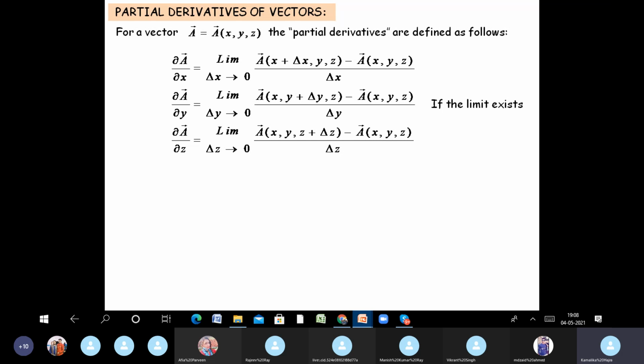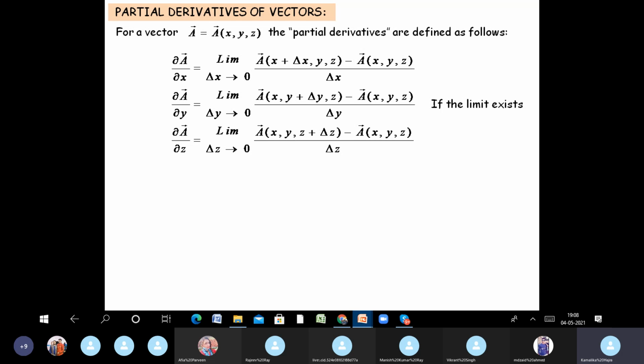When we are differentiating the vector A with respect to x only, keeping y and z constant. So although the vector A depends on all three parameters x, y, and z, when I am taking the partial derivative of A with respect to x, I will be treating y and z as if they were constants.